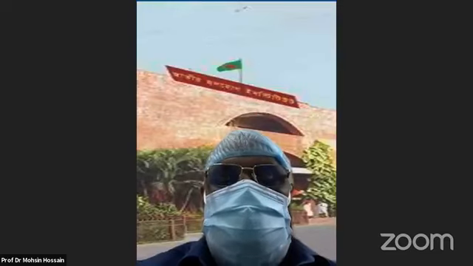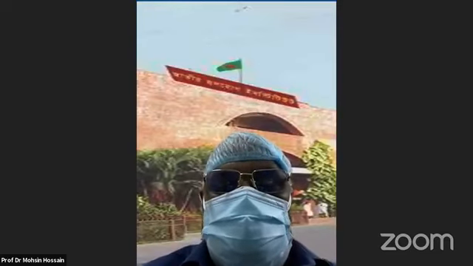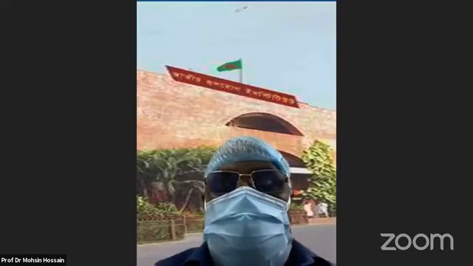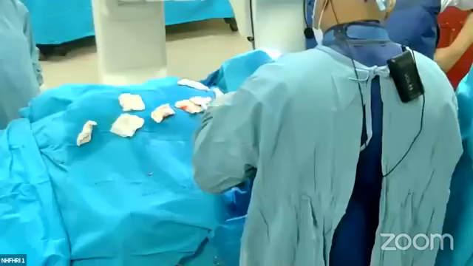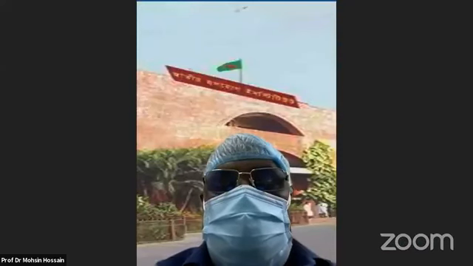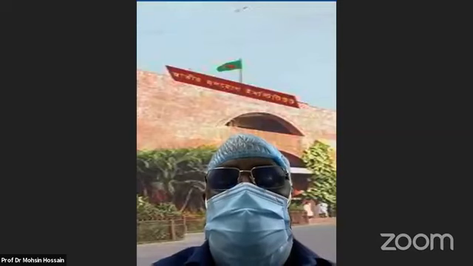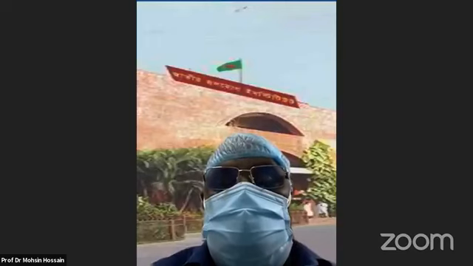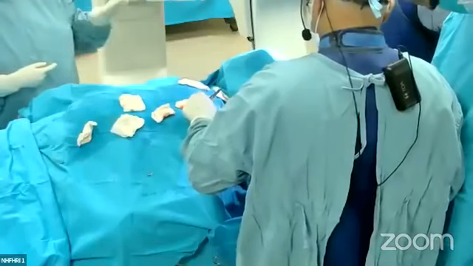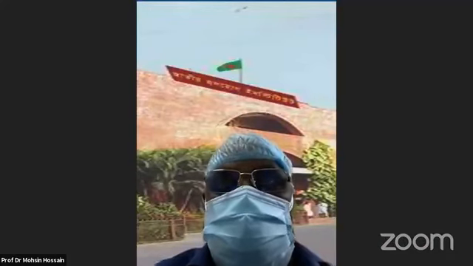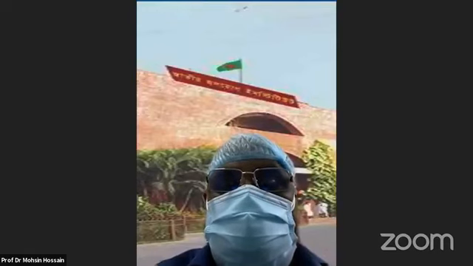If digoxin fails, then we add a beta blocker, in case of valvular heart disease. But in pacemaker implantation, mode switch should always be on. When the patient develops atrial fibrillation, it will become DDI or VVI. So mode switch should be on. If the patient has permanent atrial fibrillation, in that case always VVI or DDI, not DDD.